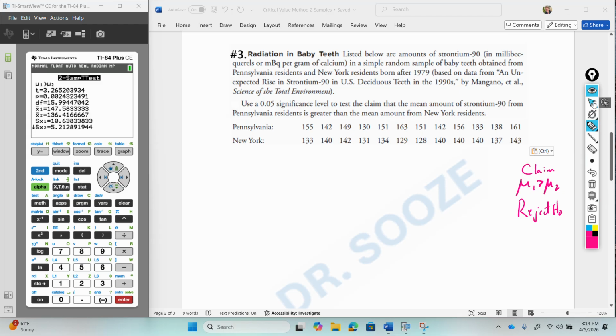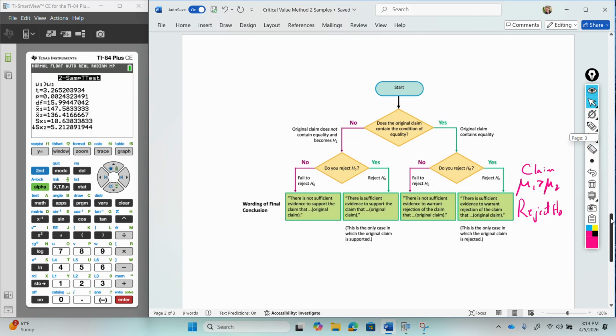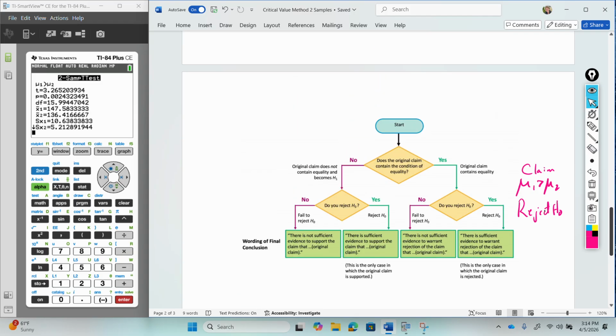Okay, so now I'm going to scroll down here to the wording of the final conclusion. Did the original claim contain the condition of equality? No, it did not, because the symbol was strictly greater than. Did you reject the null hypothesis? We certainly did.